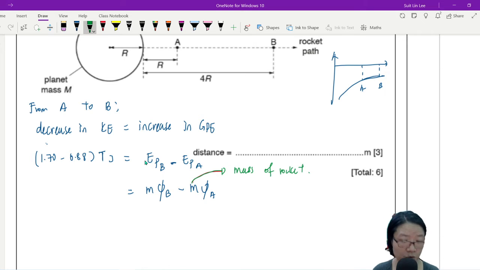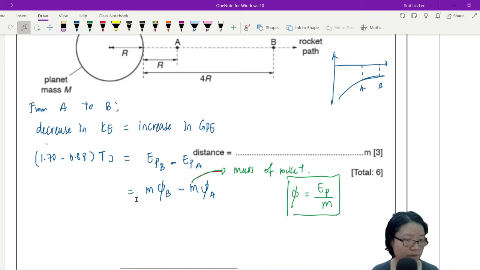A recap: potential is potential energy per unit mass. So I'm using this one. All right, so I can continue already. I'll just settle this 1.7 minus 0.88 first.